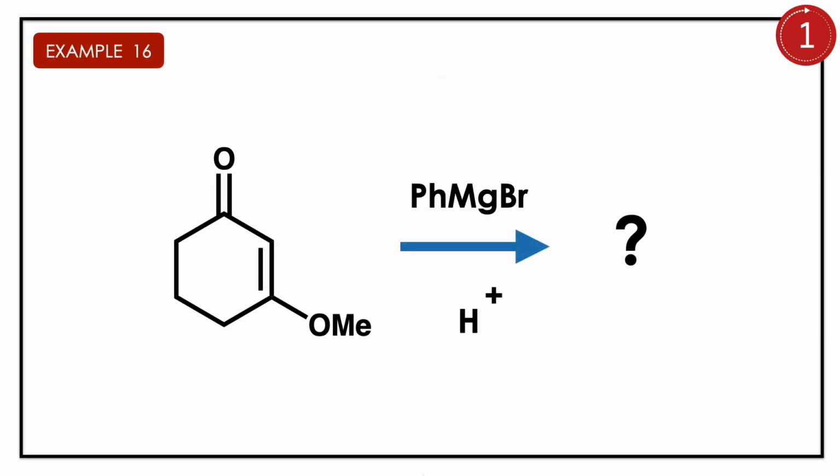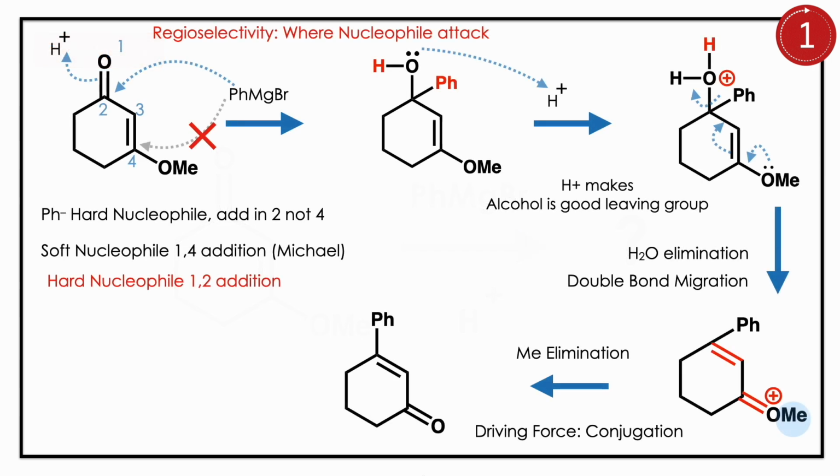Then the next example, you have cyclohexenone, a conjugated ketone. At the third position you have an O-methyl group. You're reacting with phenyl magnesium bromide. It's a Grignard reagent. In acidic condition, you should find what will be the final product. Here regioselectivity is there because you have hard and soft nucleophile conditions.